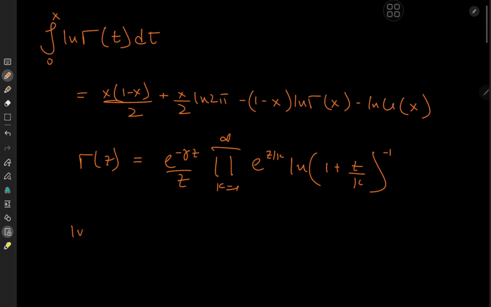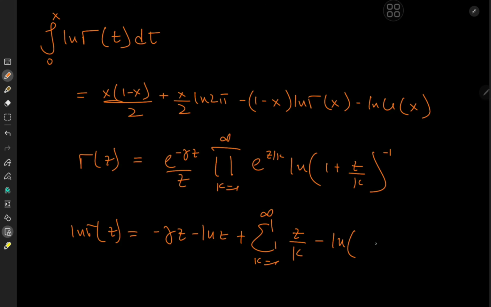Now taking the logarithm gives us log gamma z equal to negative gamma z minus log z, and because the log of a product equals the sum of logarithms, we now have the sum over k from 1 to infinity of z over k minus log(1 plus z over k).